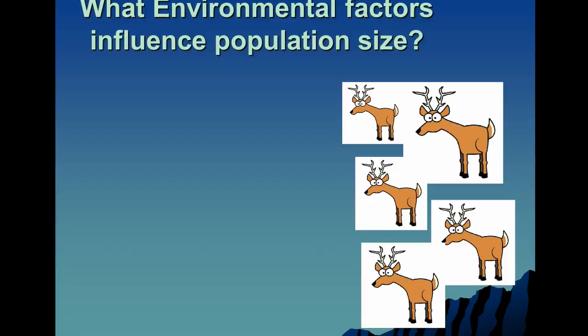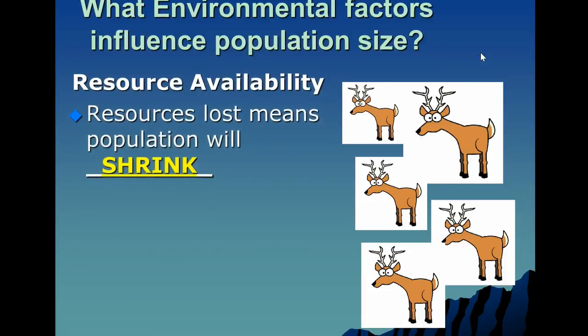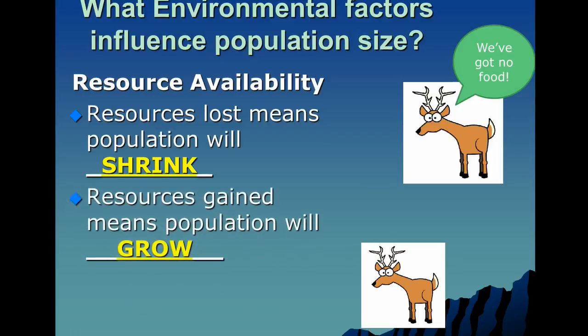There are some other factors that influence population size, like this population of awesome deer. Things like resource availability. If resources are lost, it means the population will shrink. However, if resources are gained, it means the population will grow again.